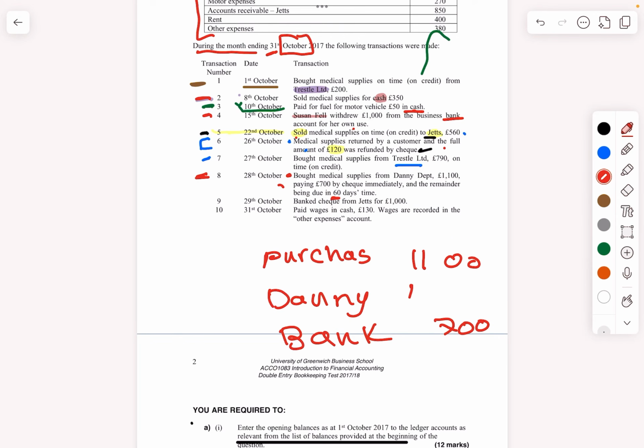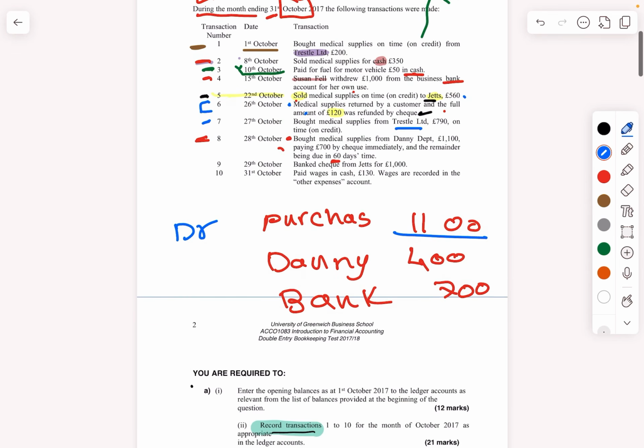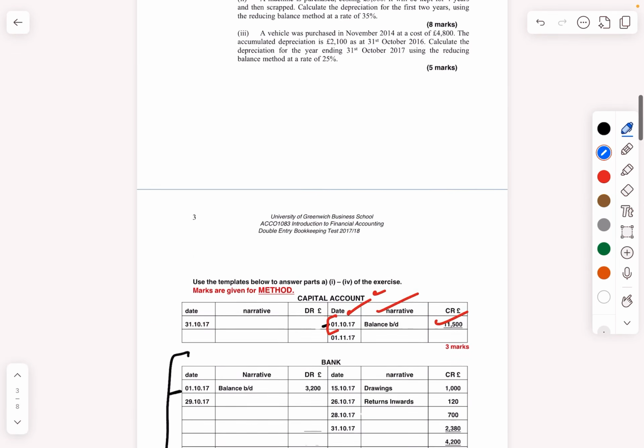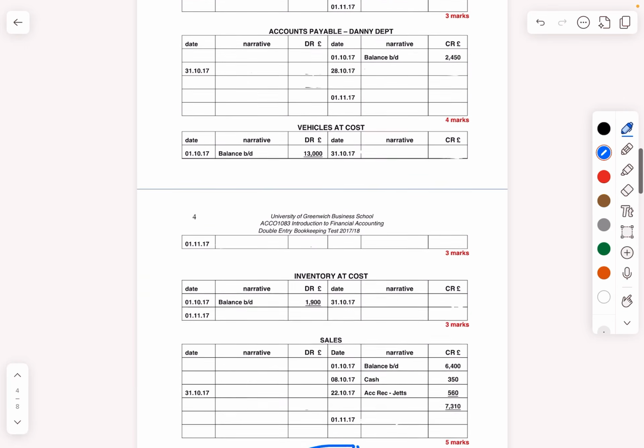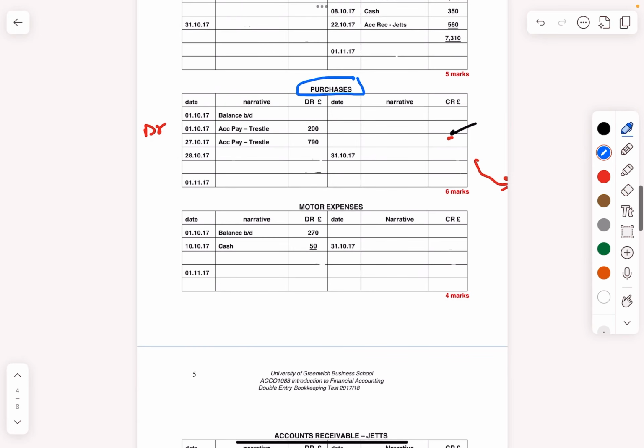Okay, 400. So what we're gonna do here, we're gonna do a purchase that's debited 1,100. So we go to the purchase and we're gonna debit 1,100.